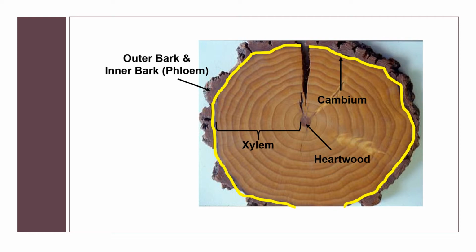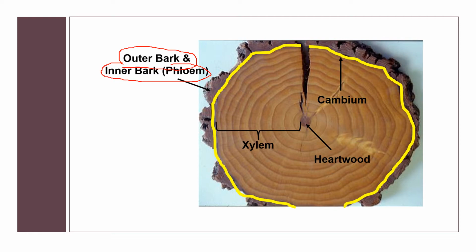The outer bark here is the tree's protection from the outside world. It regulates moisture in the tree system, insulates against cold and heat, and protects it from insect attacks. Immediately after the outer bark is another thin layer, the phloem or your inner bark.